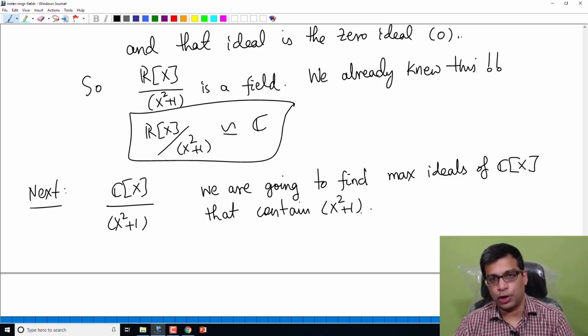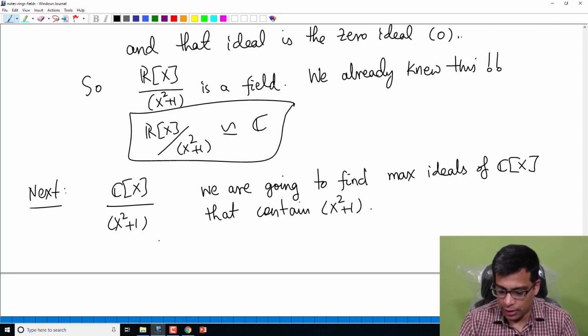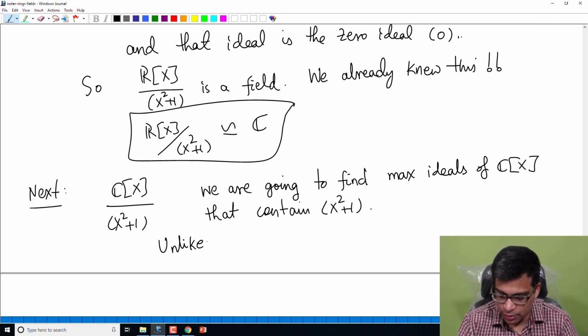Containing the polynomial x squared plus 1 is equivalent to containing the ideal generated by the polynomial x squared plus 1.